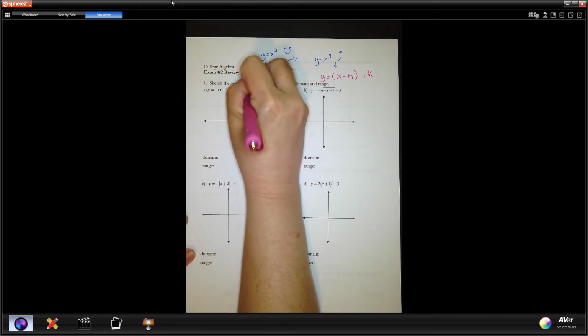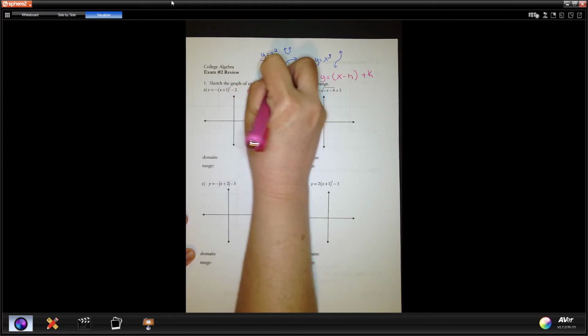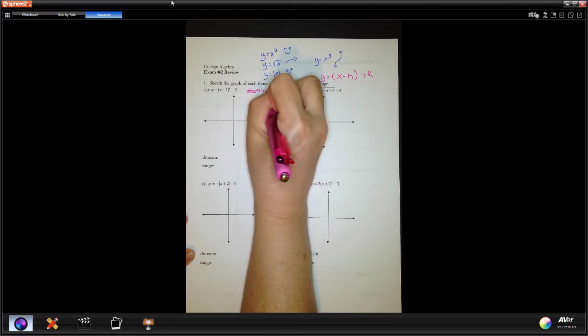So if we look at our first one, y equals the opposite of x plus 1 quantity squared minus 2, the first thing we have to do is find that starting point. In this case, our starting point is going to be at -1, -2, because we can solve this little piece right here.